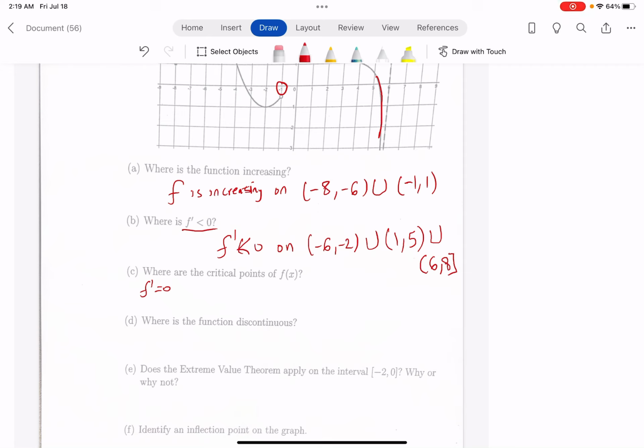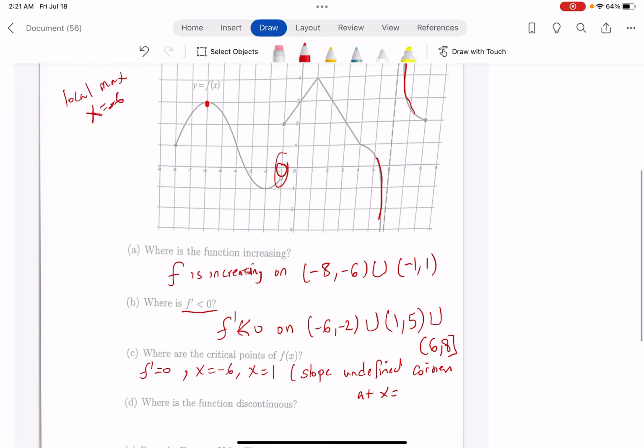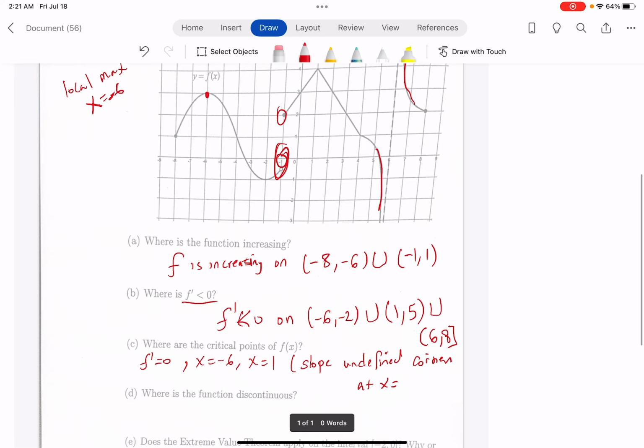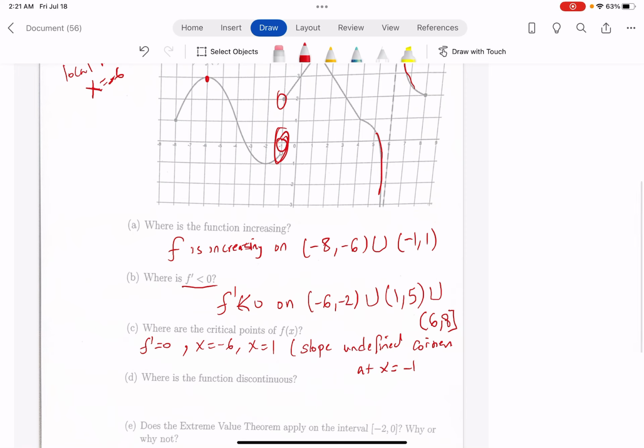So the critical points: x equal to -6, where you have a local maxima; x equal to 1, where you have a local maxima; and the slope undefined at corners, at x equal to -1, where you see there is a discontinuity, and x equal to 5.